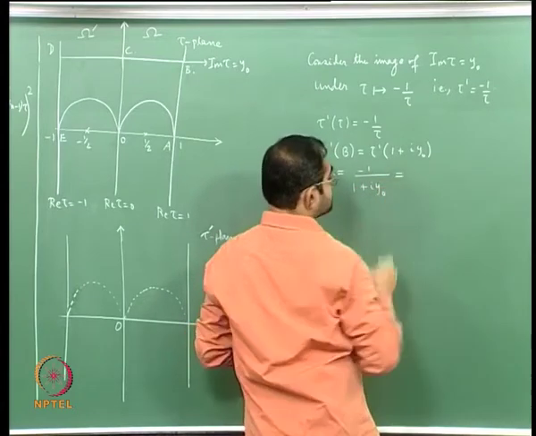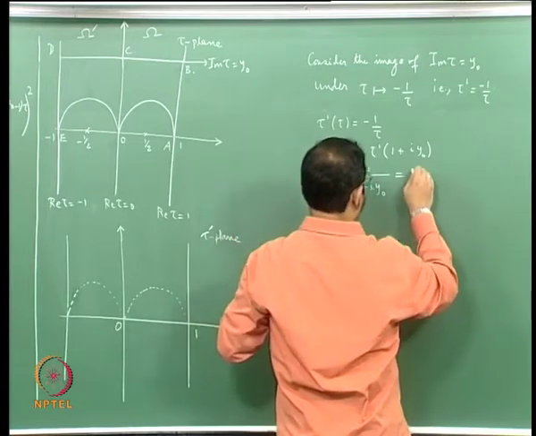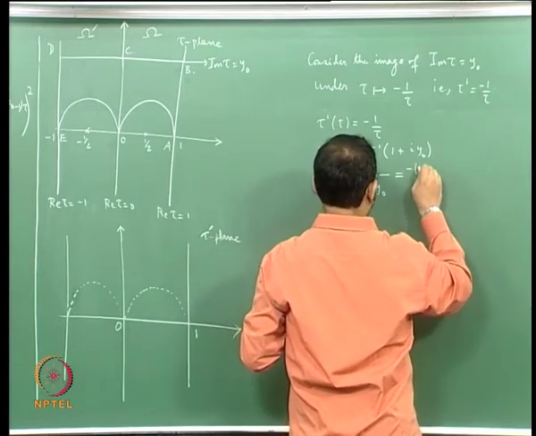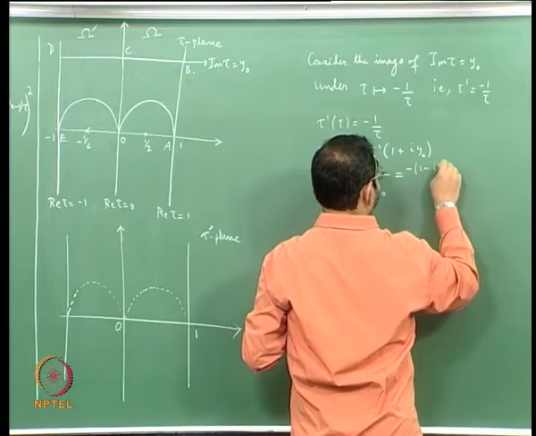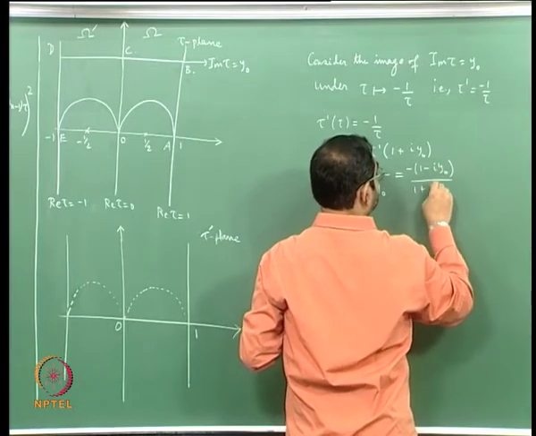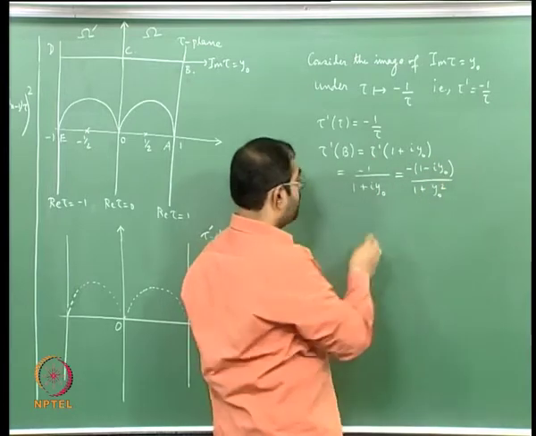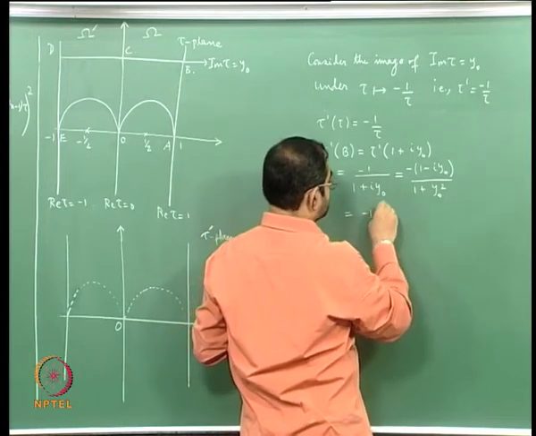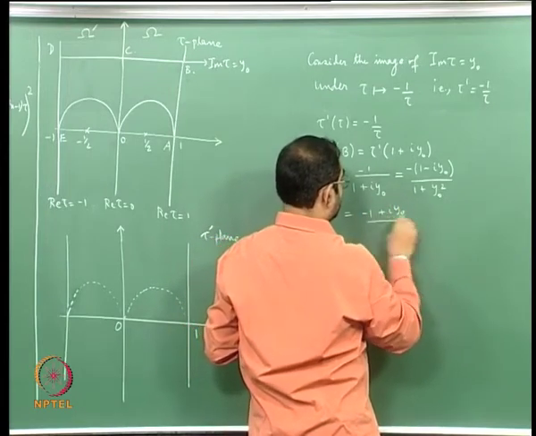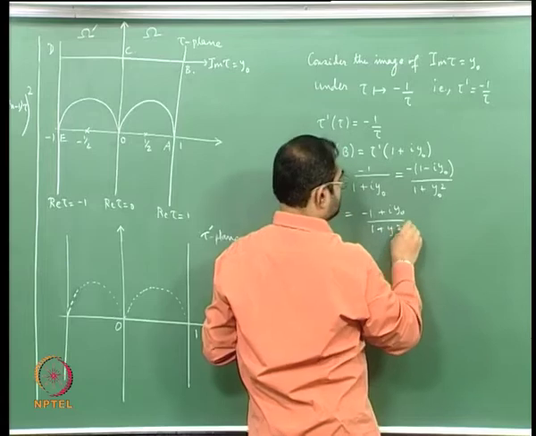And so if I multiply by the conjugate, I will get 1 minus I y naught by 1 plus y naught squared. So I am going to get the point -1 plus I y naught by 1 plus y naught squared.